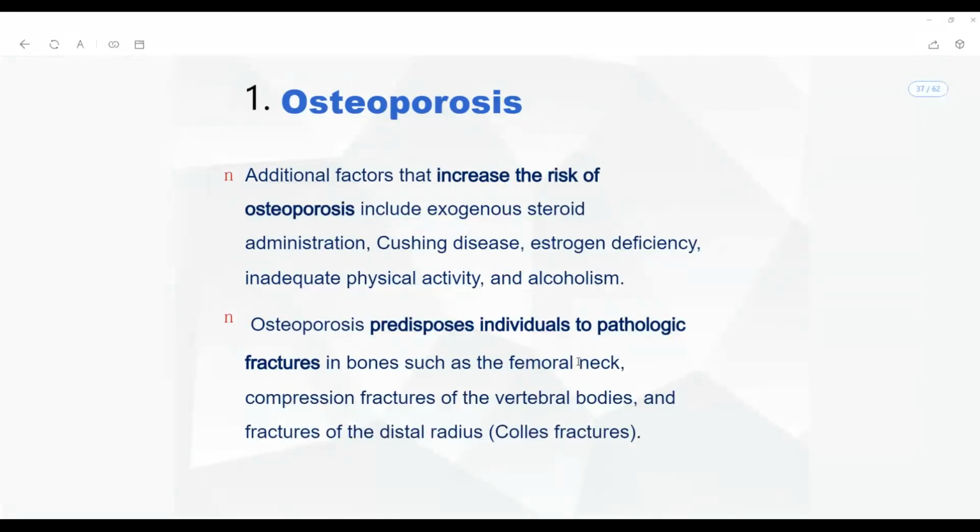Pathological fractures are most common in osteoporosis. What are the most common regions? The most common regions are the femoral neck and the Colles fracture. Okay, so osteoporosis causes pathological fractures in the femoral neck and the distal radius. Colles fracture happens mostly in old females.